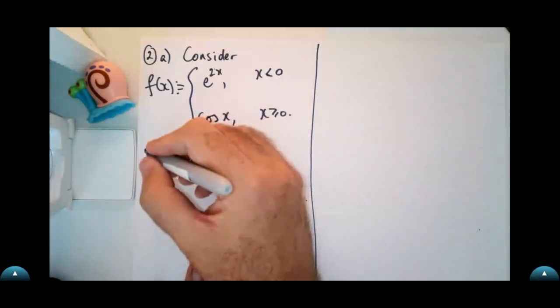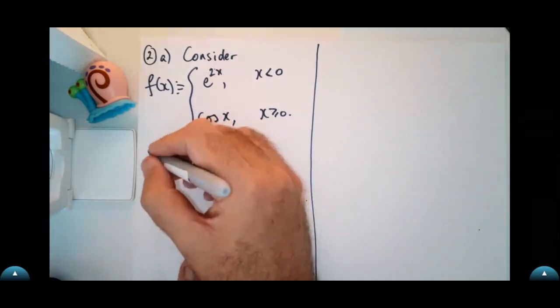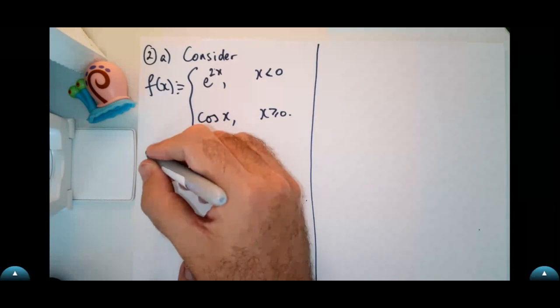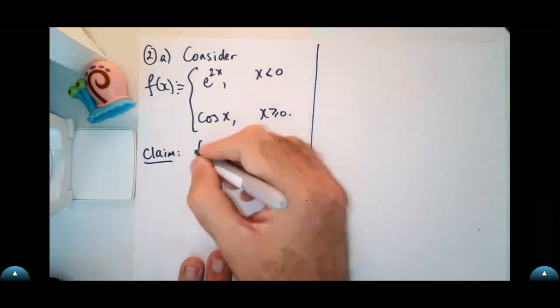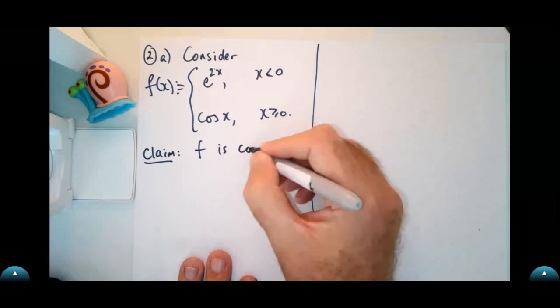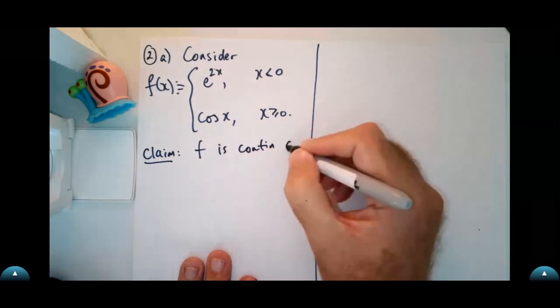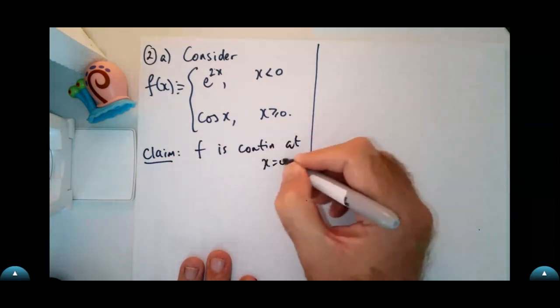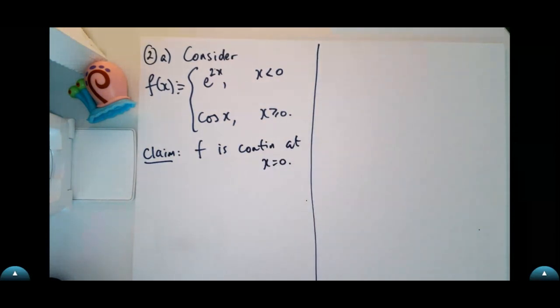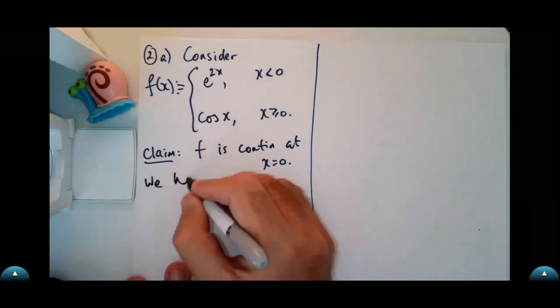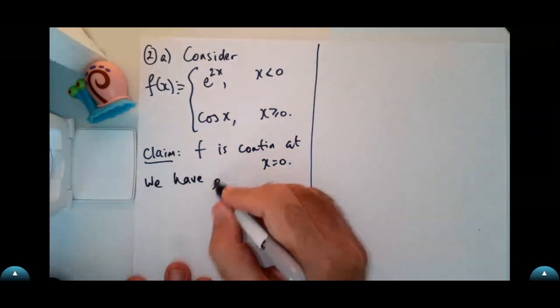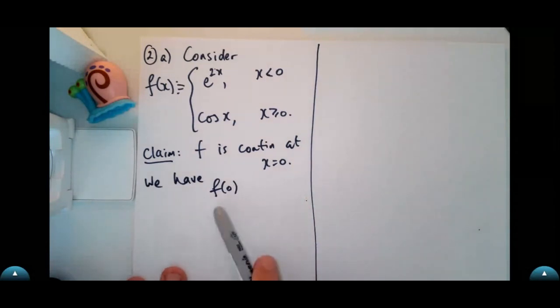The first question is, so let's claim f is continuous at x equals 0. Okay, so let's verify that by working out the value.